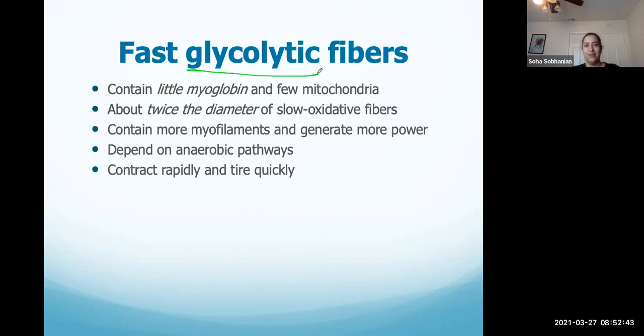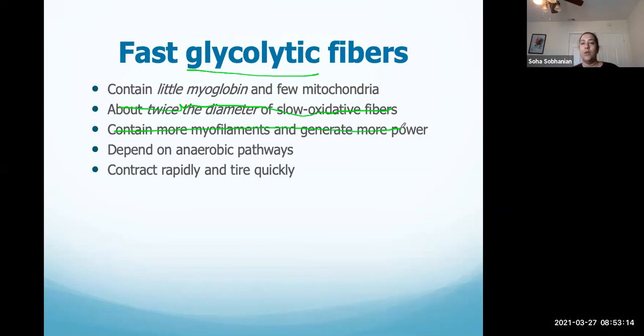There is no oxygen involved in that. Again, you don't need to know the diameter of these muscles. It's not something I question you about. It's a little bit beyond the scope of this class, mostly for physiology. It depends on an anaerobic pathway, which makes sense. And it contracts rapidly, as we decided, because we have the word fast, but they also get tired more rapidly.